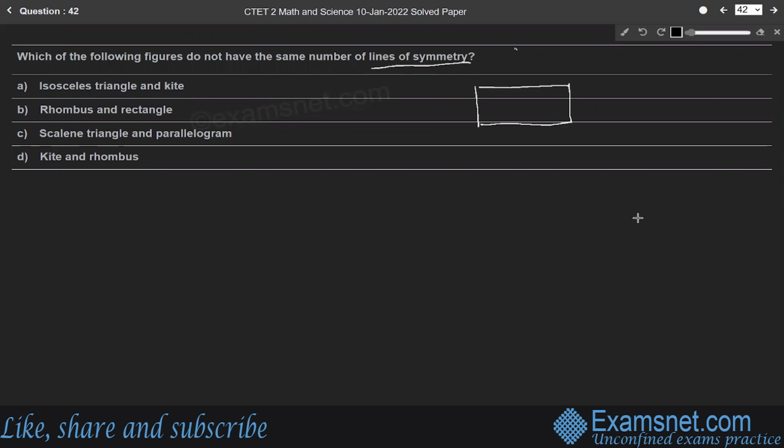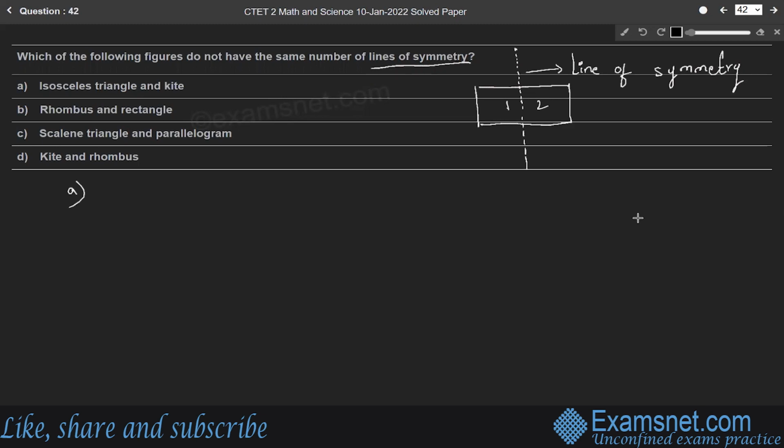When an imaginary line passes through the center of the rectangle and divides the shape into two equal halves, then the line is called a line of symmetry.